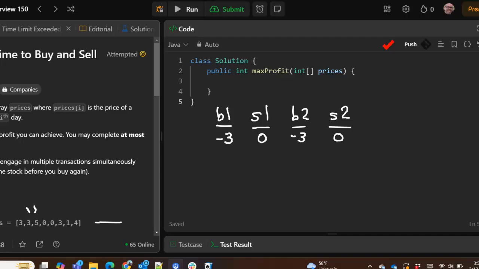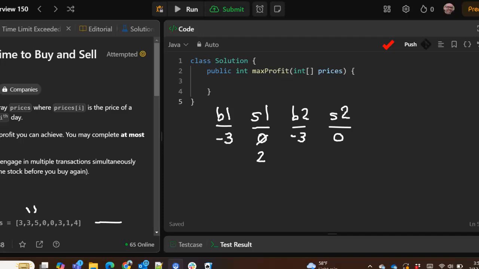We're going to leave that the way it is. First sell profit is the max of whatever it is, or the first buy balance plus the current price. Okay, that's actually better. That would represent buying at 3 and selling at 5. So that's better. So now our first sale is 2.